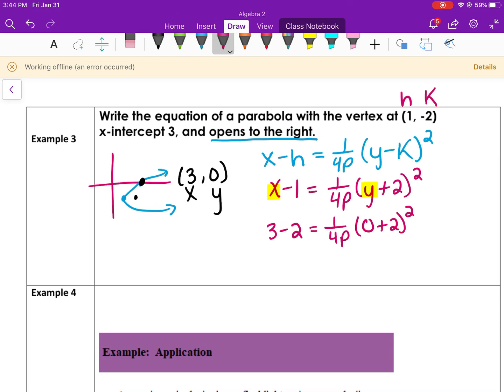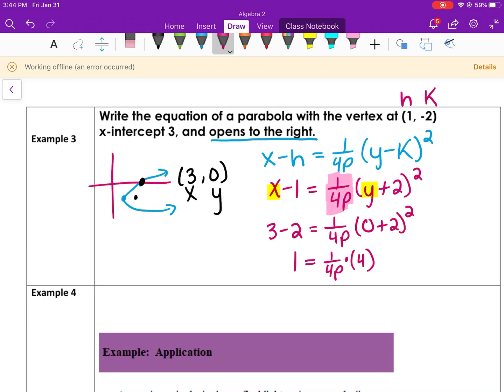And really, I don't even need to solve for p because I'm not asking you to graph it. Really, I need to solve for 1 over 4p for this one. So 3 minus 2 is 1, and then I get 1 over 4p. 0 plus 2 is 2. 2 squared is 4. So then I have 1 equals 1 over 4p times 4.